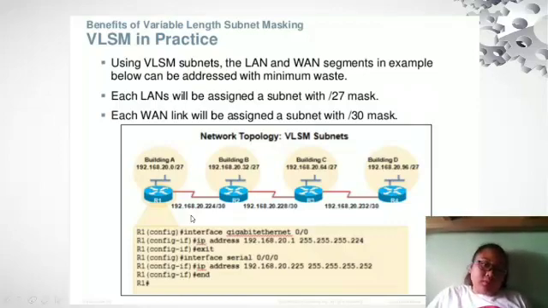As shown in this picture, the network topology of VLSM subnets.